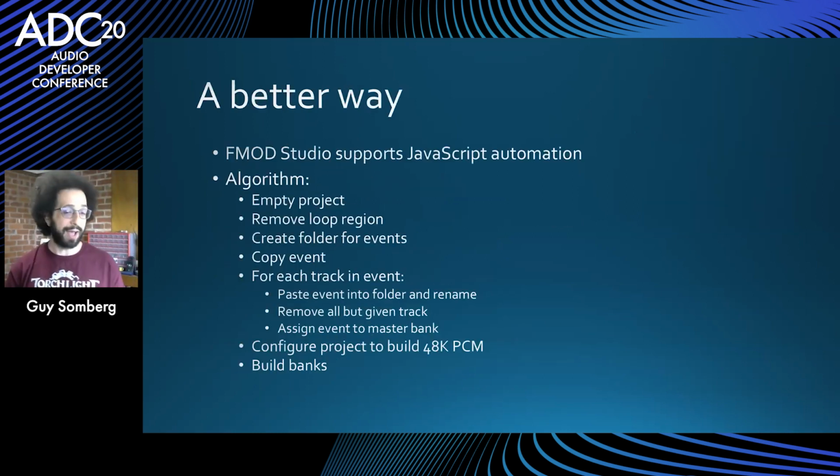Better way. FMOD Studio supports JavaScript automation. So anything you can do in the UI, you can do in JavaScript. The entire data model is reflected in JavaScript. So I wrote a script, which I will show in a minute. It's less than 100 lines. You make a copy of the event into an empty project and run the script.